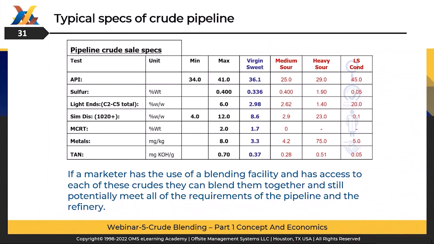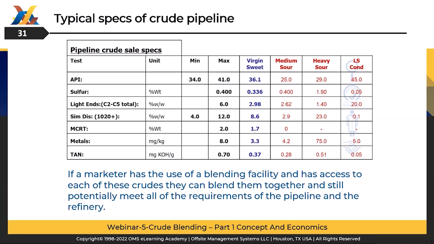So a typical spec of a crude oil pipeline is a minimum and maximum spec of API based on what the refinery orders. It can have virgin sweet, medium sour, heavy sweet, and LS condensate.